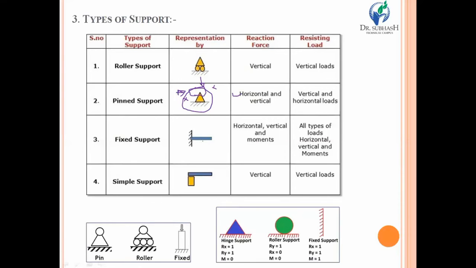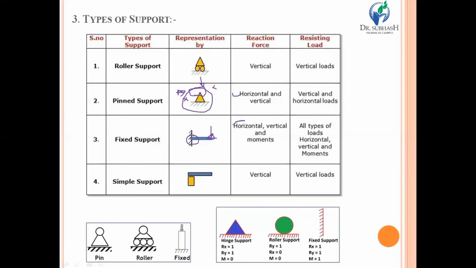The third category of support is fixed support. As we have discussed in the cantilever beam also, fixed support is permanently fixed with a wall or any kind of resting place, like a wall or floor. If you apply force in the horizontal or vertical direction, once again, due to that force, your beam will not move in either direction.